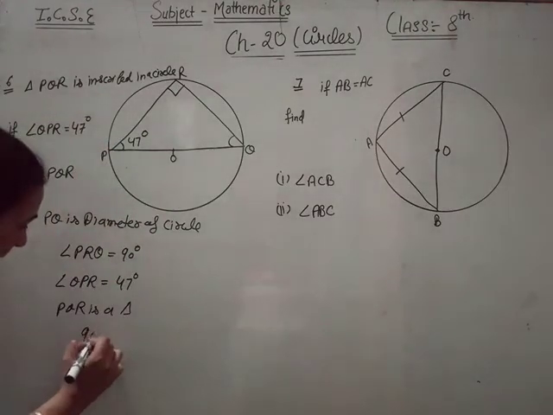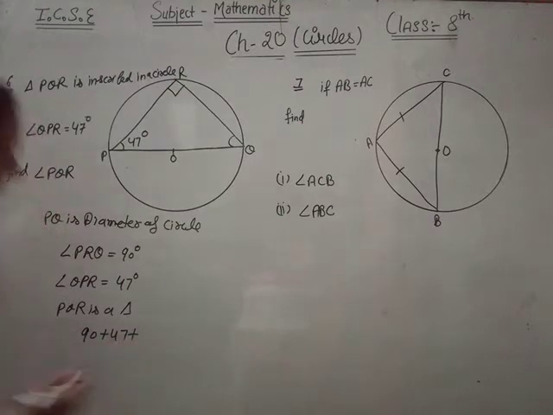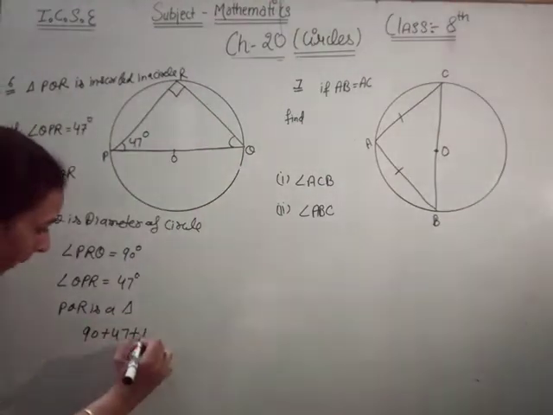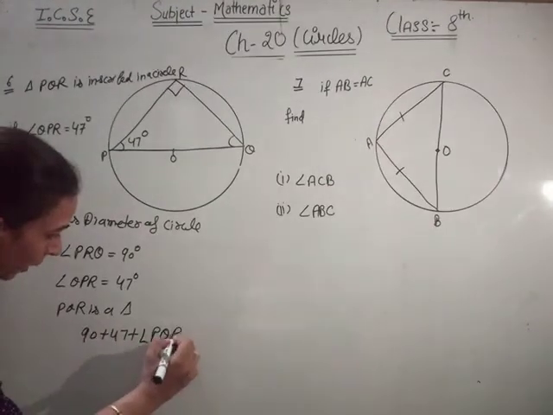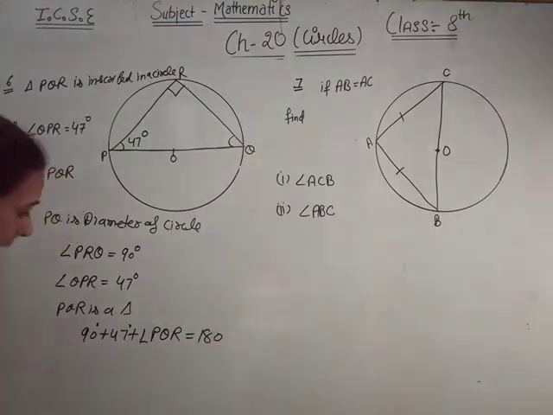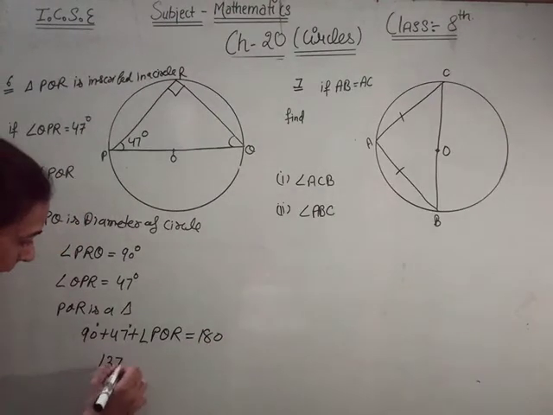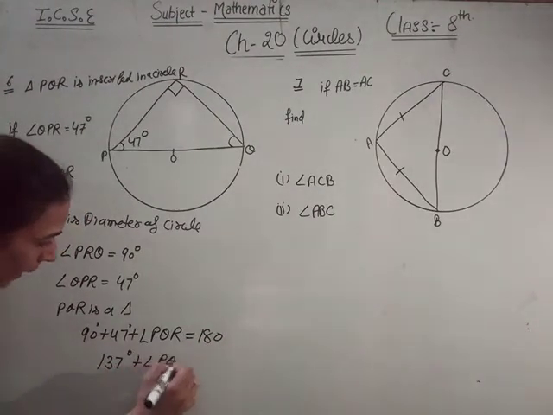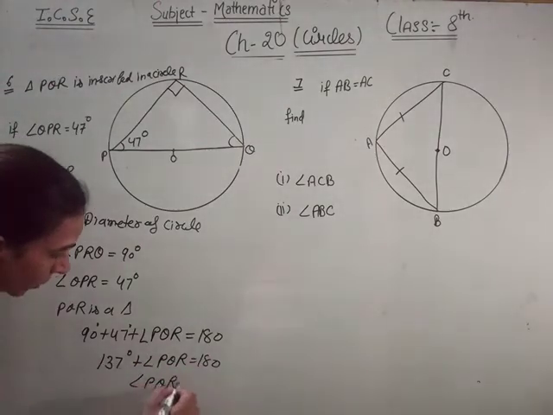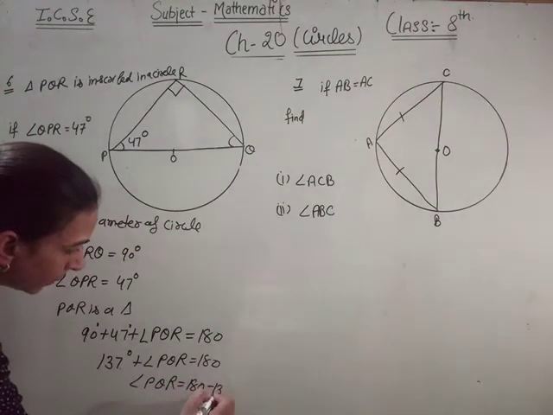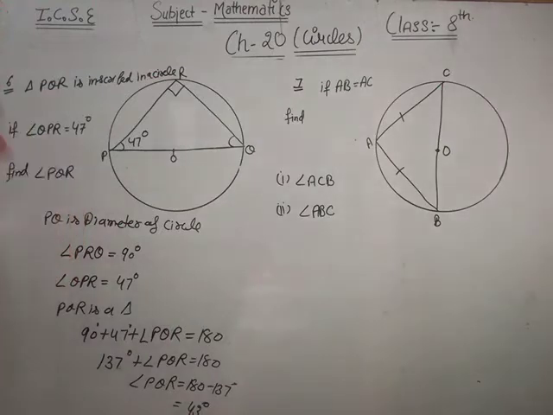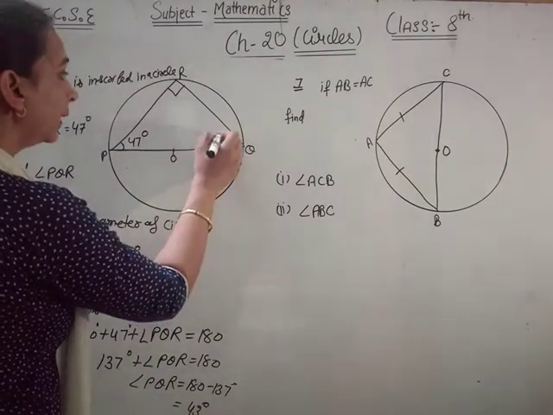Then 90 plus 47 plus angle PQR equals 180. So 137 plus angle PQR equals 180, and angle PQR equals 180 minus 137, and this equals 43 degrees. Okay, student, this is a 43 degree angle.